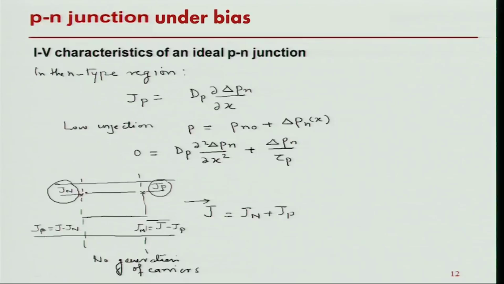And so, I need not calculate what is happening in the depletion region. So, basically in the depletion region J is equal to Jn plus Jp. So, now let us find a solution for Jn and Jp from which we can calculate the total current in the device.